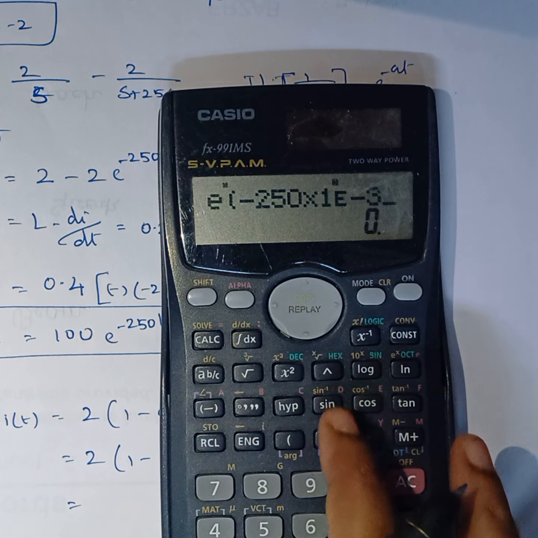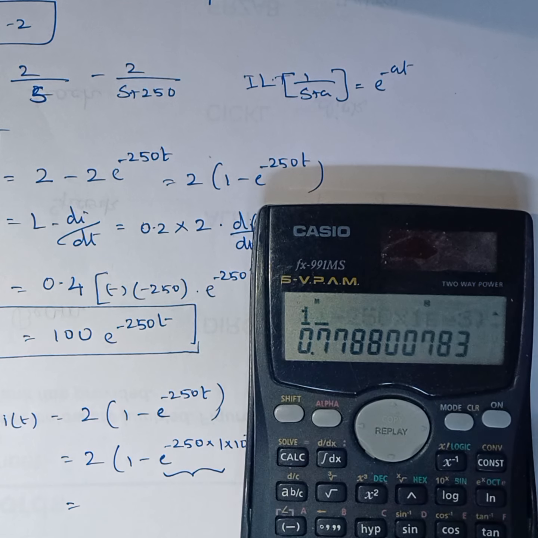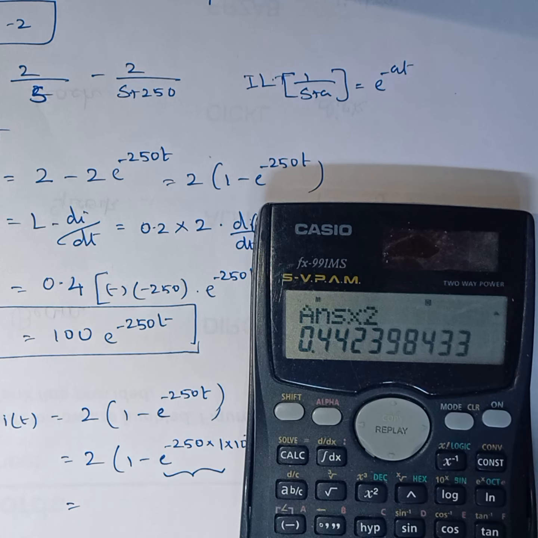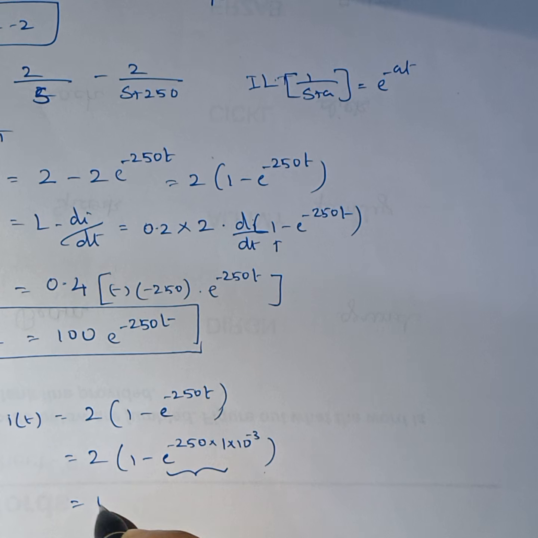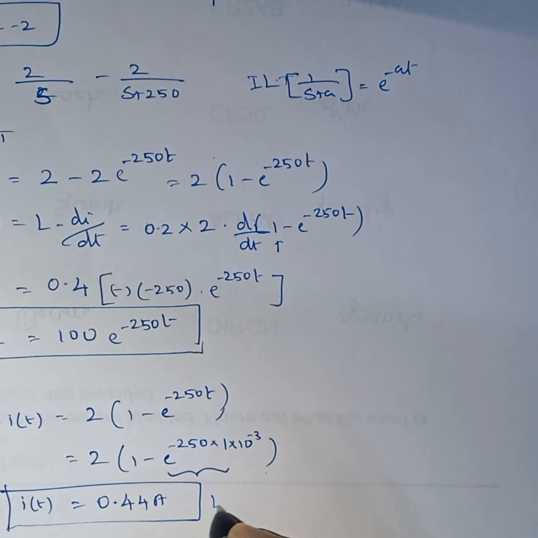You'll get the answer 0.77. So 1 minus the answer, multiplied by 2, gives 0.442. I'll take only 2 decimal places. So 0.44 amps. This is the current at t equal to 1 millisecond.